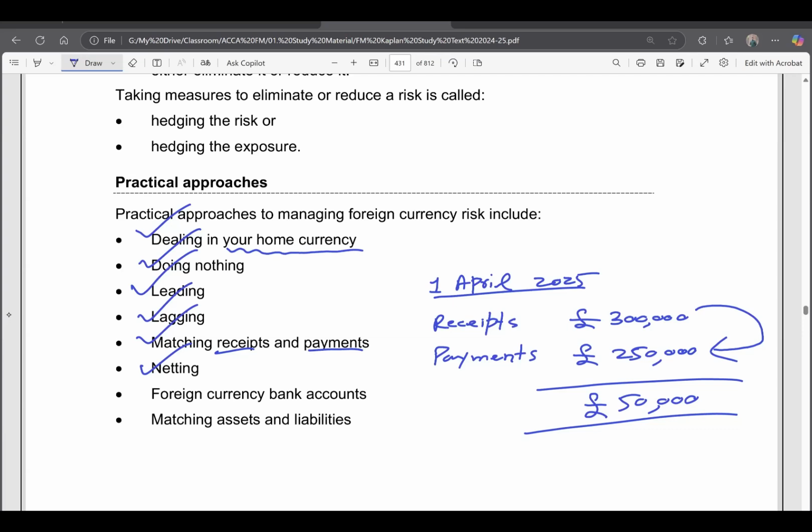Okay, so these are the things you need to learn from a theoretical perspective only. Netting, by the way, you will learn in more detail in the advanced financial management paper if you select that paper. But right now, from that perspective, you need to understand what netting is.